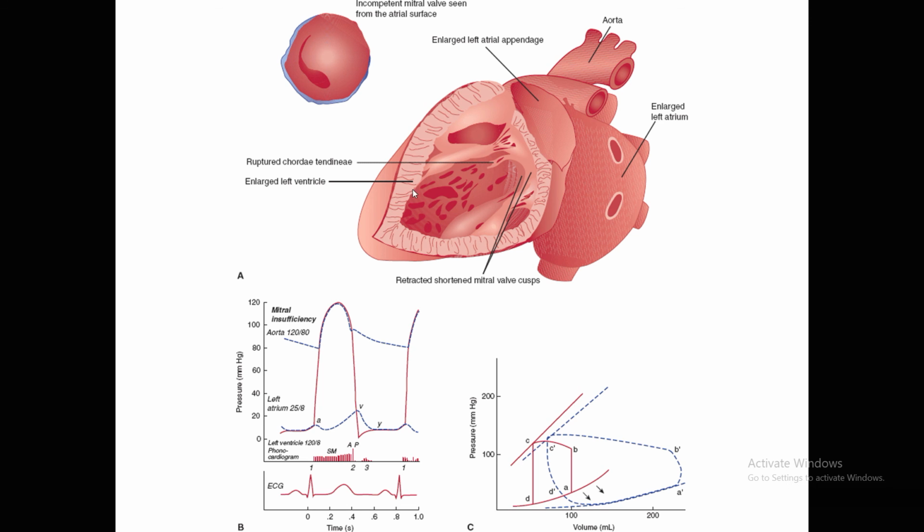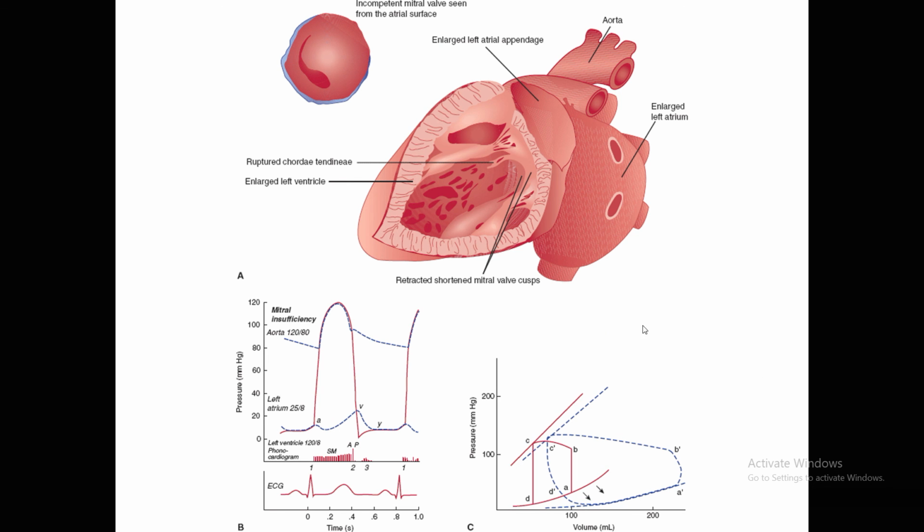The stroke volume of the hypertrophied ventricle will also be increased. However, because of the regurgitation, the increased stroke volume of the left ventricle will be combined with a decreased heart output to the systemic circulation because, I will repeat, of the regurgitation of the blood back to the left atrium.